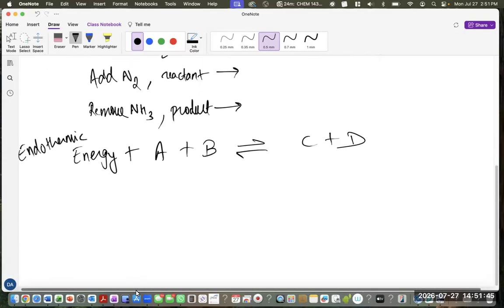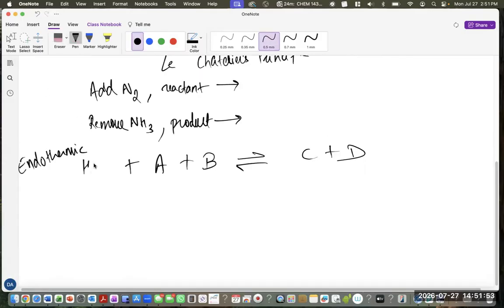So what is this saying? This is saying that this reaction actually absorbs heat. Just to be consistent, let me put the word heat here. This reaction absorbs the heat, so it's an endothermic reaction.